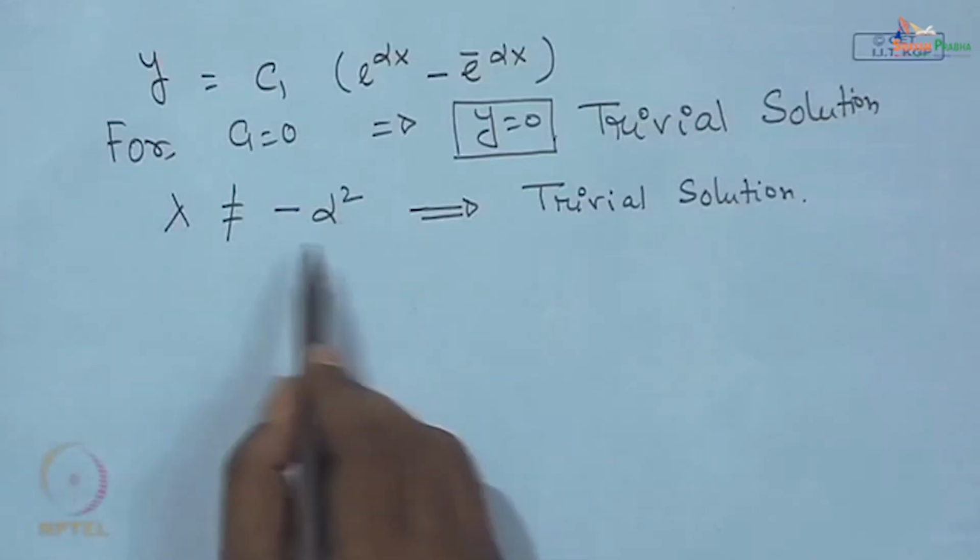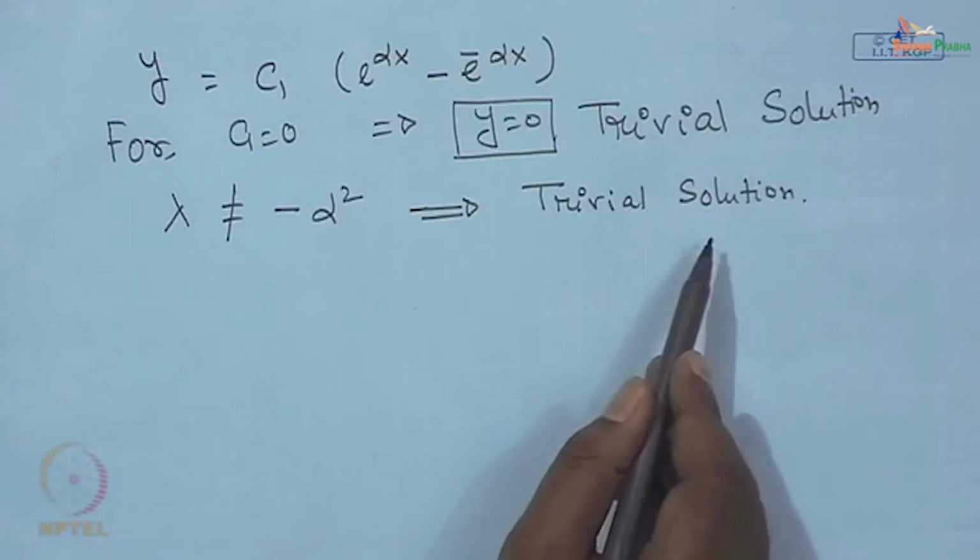Now, in this third problem we have changed one of the boundary conditions from Dirichlet to a Robin mixed boundary condition, and we are looking into the eigenvalues and eigenfunctions for this particular case. We have already seen that lambda cannot be 0, because if lambda is equal to 0, we get a trivial solution.